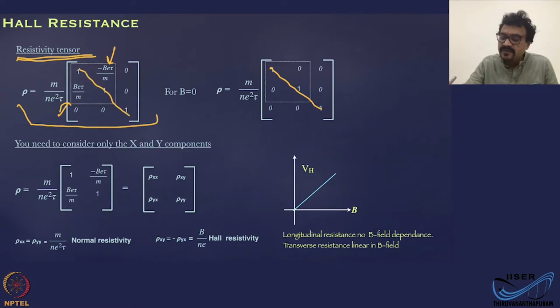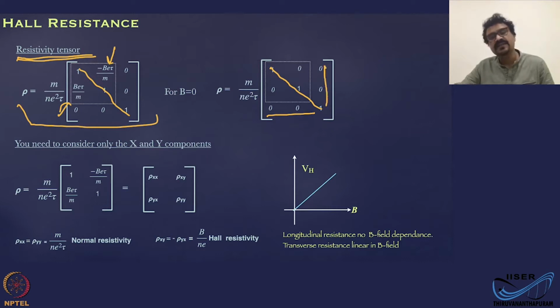Now, as I told, the third row and third column, which represents the component which involves the Z direction, we don't need to consider because the magnetic field doesn't do anything in that direction to the charge carrier.